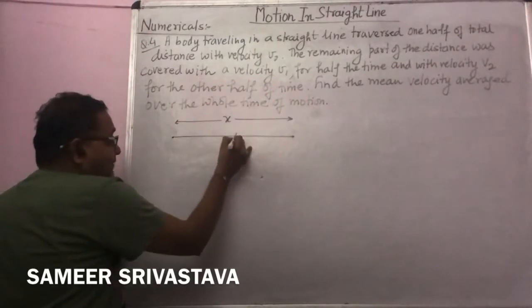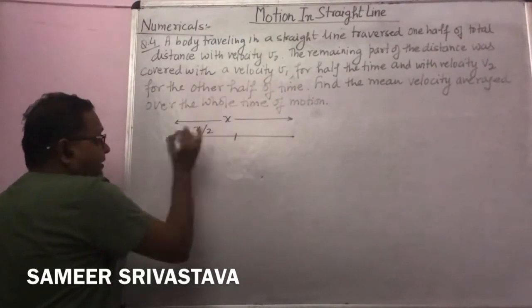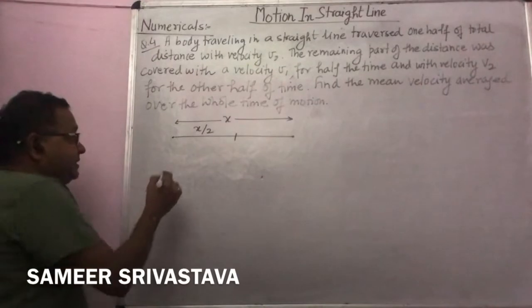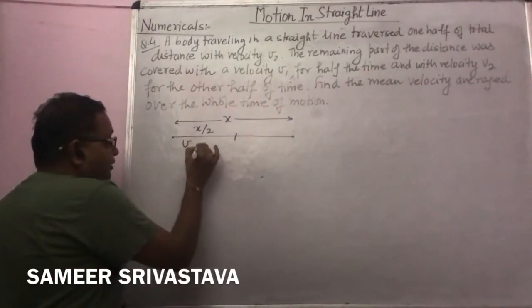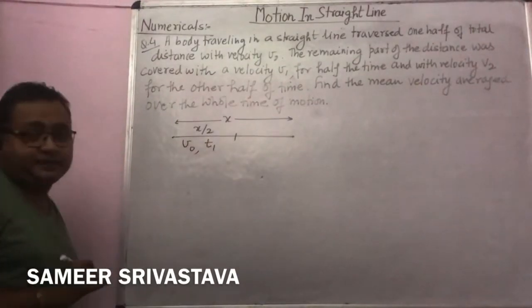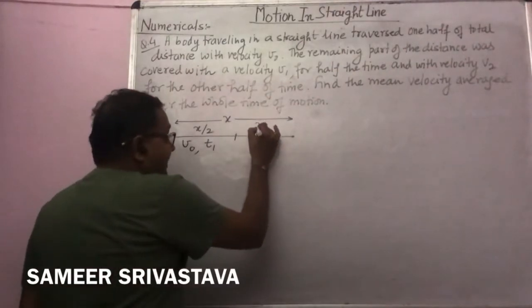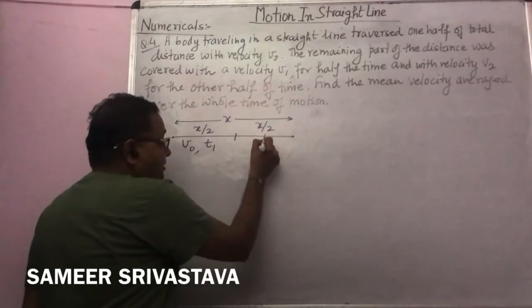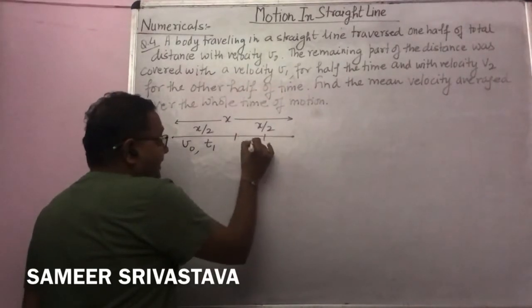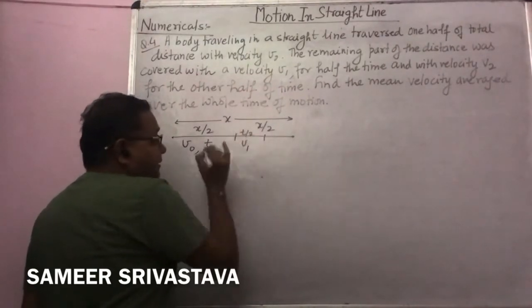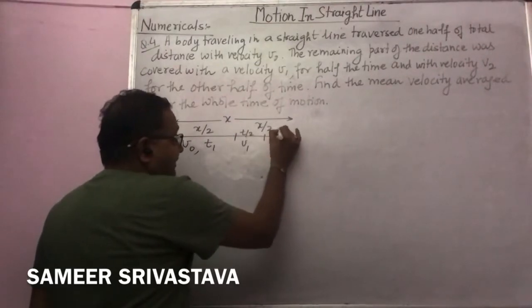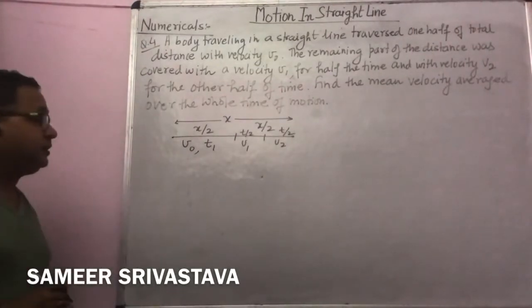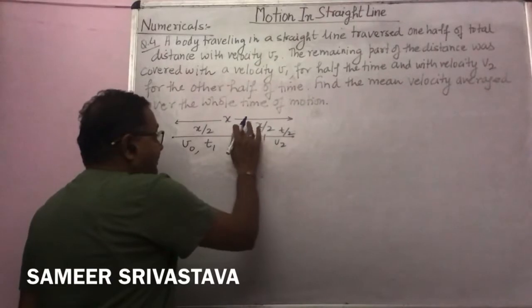Now the half of the distance, that is x by 2, is covered with the velocity v0 and time taken t1. Now the next half distance, that is x by 2, is covered with two velocities, that is v1 in half the time, here the time is t2 by 2, and v2 in the next half time, that is t2 by 2, right?